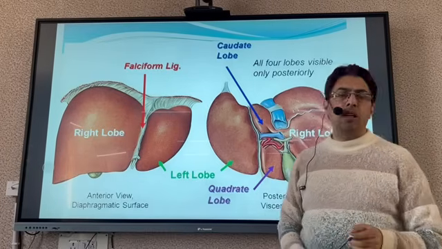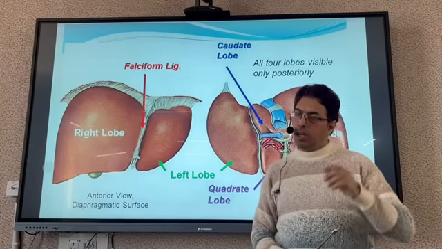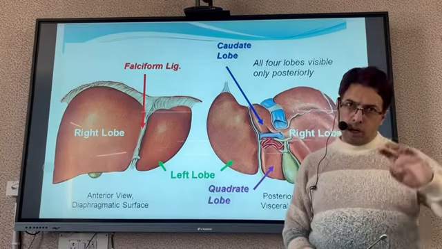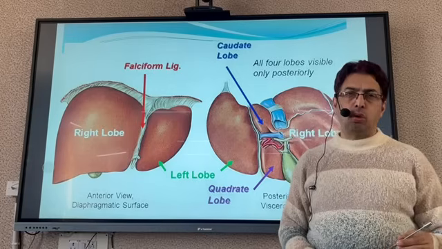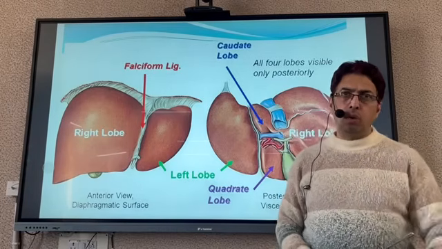Now, the third thing: the liver is a quite common site for malignancies. Very important, it is one of the most common sites for metastasis. Malignancies from the gastrointestinal tract usually go to the liver.